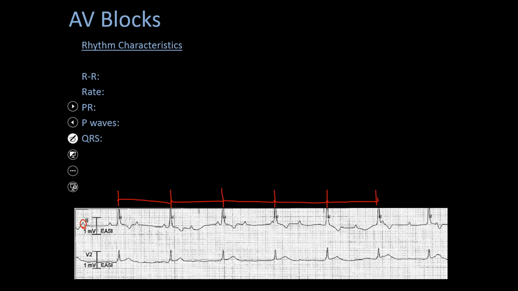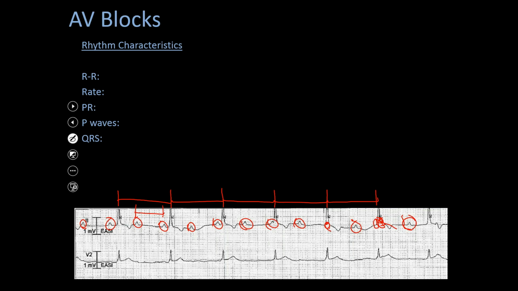Now where are our P waves? There's a P wave there, there, there, there, there. There's one there. Looks like there's one hidden in here somewhere. There's one. Let's see one after. Atrial rate looks like about 3 large boxes between P to P's.